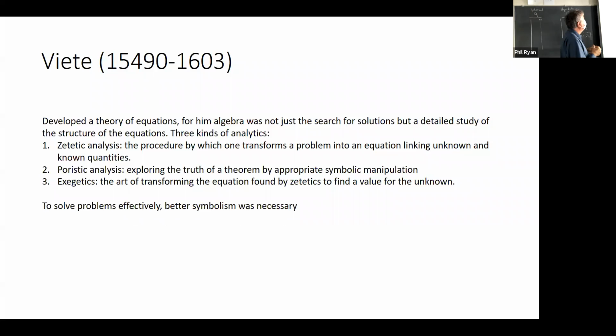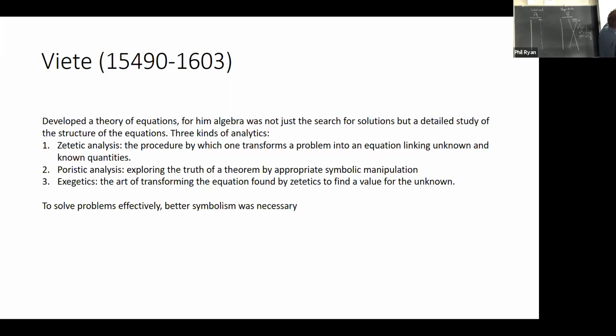He developed a theory of equations. Remember, we have algebra where you look for a solution to some problem, but he came up with a detailed theory of the structure of these equations. And he came up with three kinds of analysis.